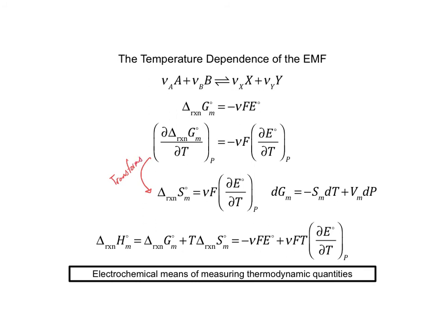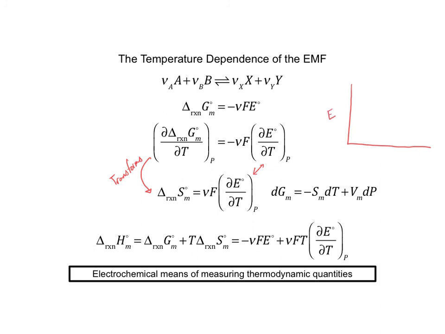Okay. And so when we have delta S is equal to nu F times the partial of the potential with respect to temperature, we're starting to find that this partial of the potential with respect to temperature is going to be important. And so let's talk about what that would be.